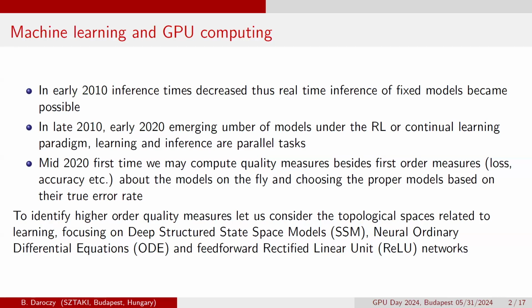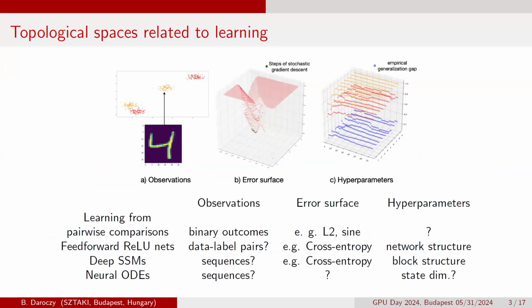Why I'm showing 3 is because I wanted to show you that even if ReLU networks, the rectified linear unit, simple feed-forward multi-layer perceptron and convolutional networks seem to be known to some extent, and we will show results mainly on those, there are some new and more challenging ones.